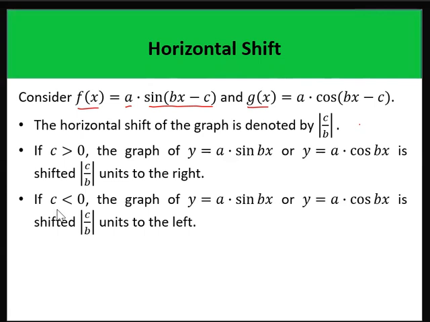While if c is negative, the graph is shifted by c over b units going to the left.